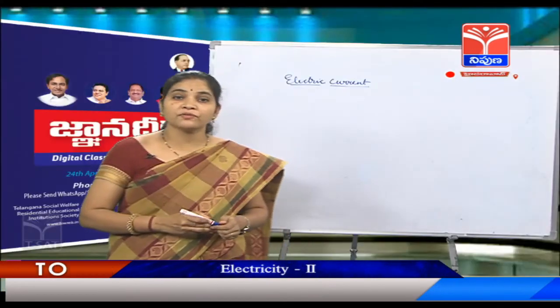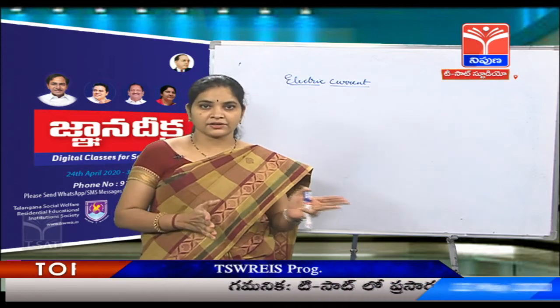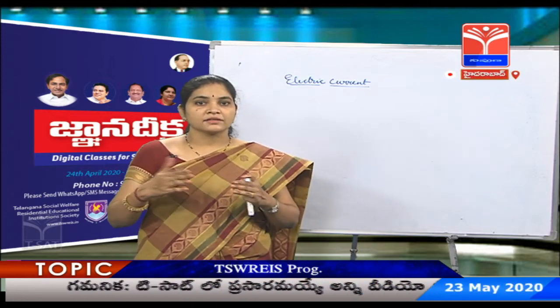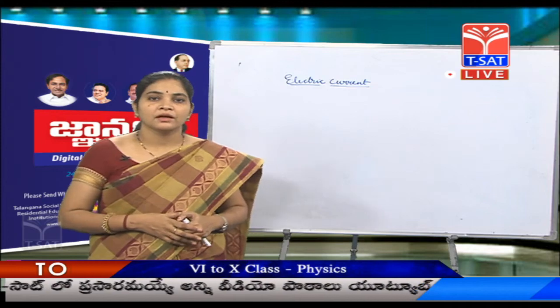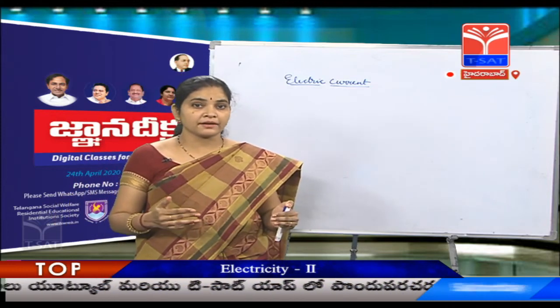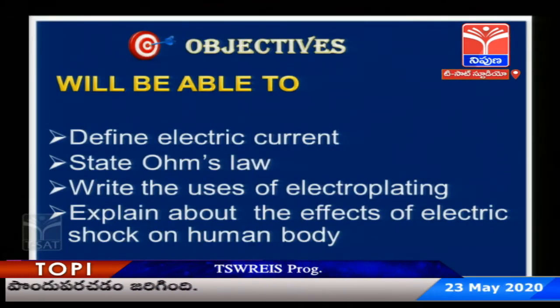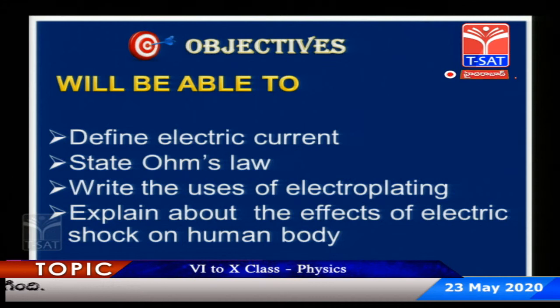At the end of the session, you will be able to define electric current, state Ohm's law, write the uses of electroplating and explain about electric shock and its effects on human body. Now, these are the objectives of this session.